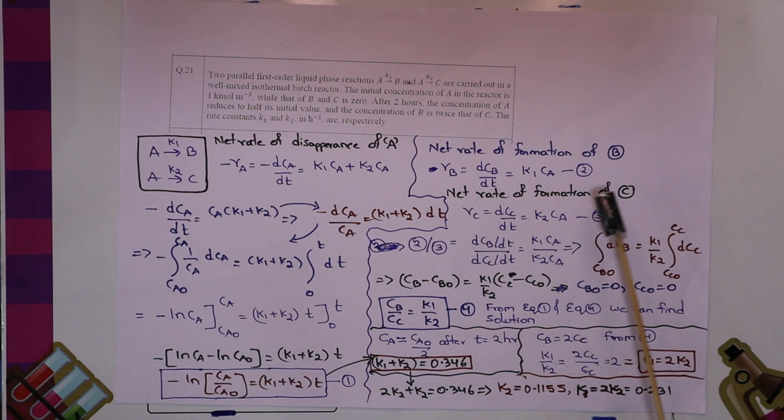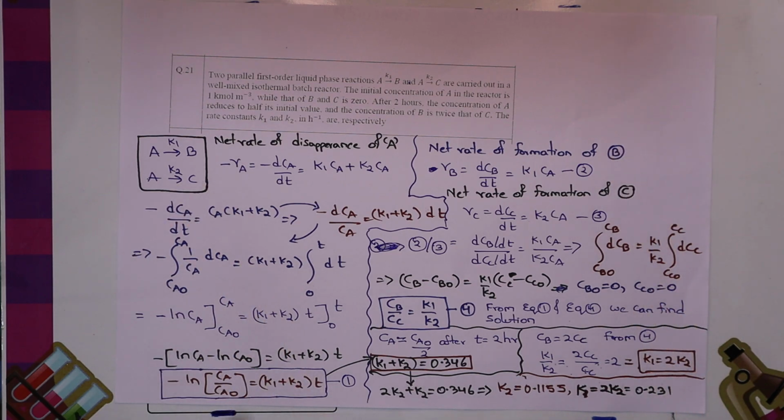Similarly, the net rate of formation of C is Rc, which is dCc by dt; C is also a product, so it is taken as positive, so Rc is equal to dCc by dt is K2 into Ca, because the rate constant for C is K2.